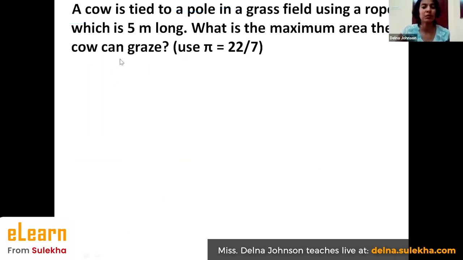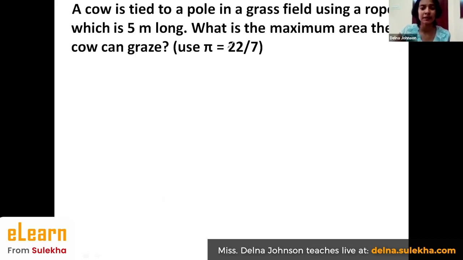Here, in the next problem, it's given that a cow is tied to a pole in a grass field using a rope which is 5 meters long. You need to find the maximum area the cow can graze.